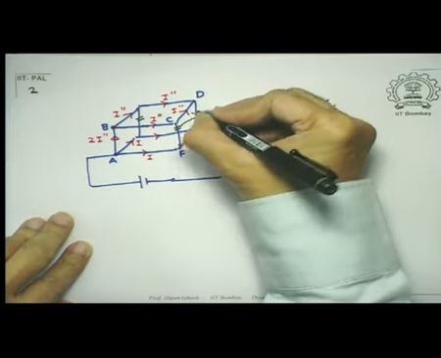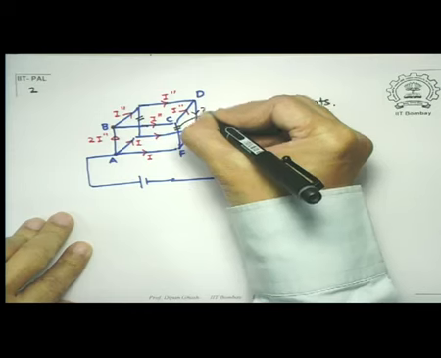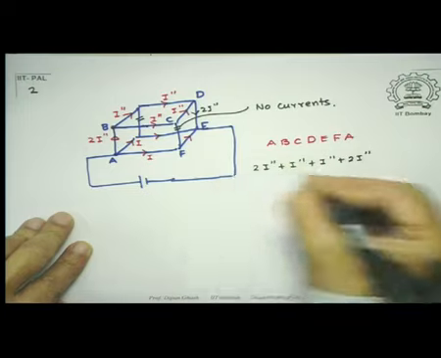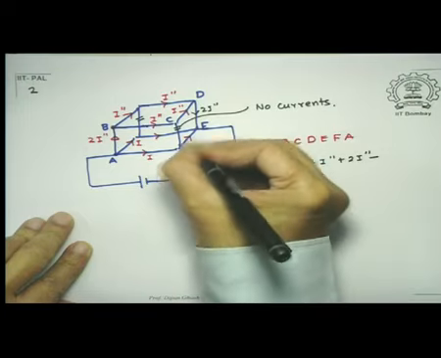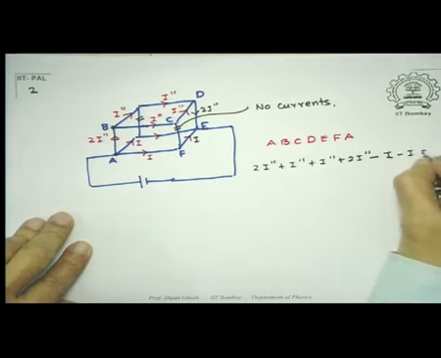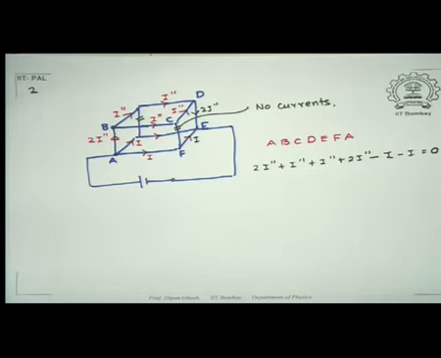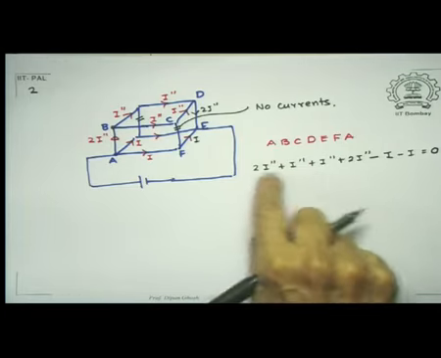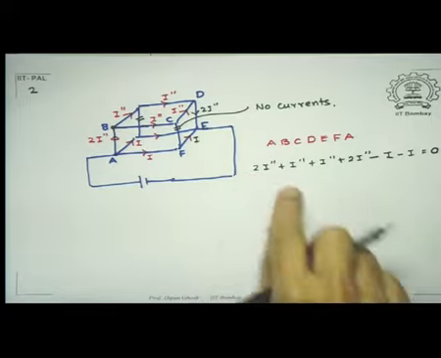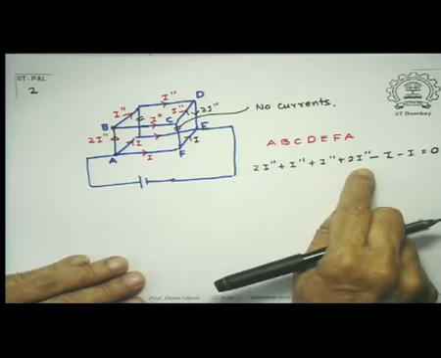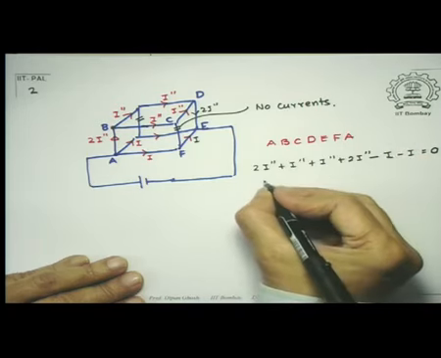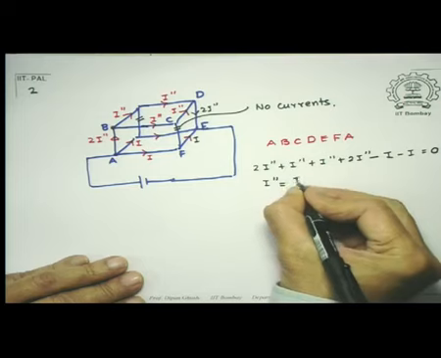Now this one, because of the junction rule again, must be 2I double prime. So plus 2I double prime, minus, because this time I am traveling opposite, this is I. So minus I minus another I must be equal to 0. The common factor R has been removed, because R is the resistance. So you notice immediately that what I am getting here is 6I double prime equal to 2I. In other words, my I double prime is equal to I by 3.